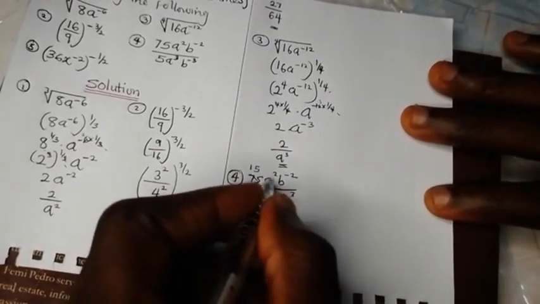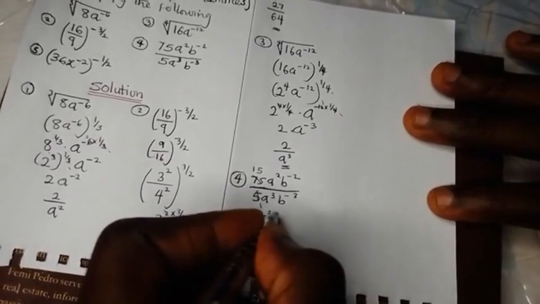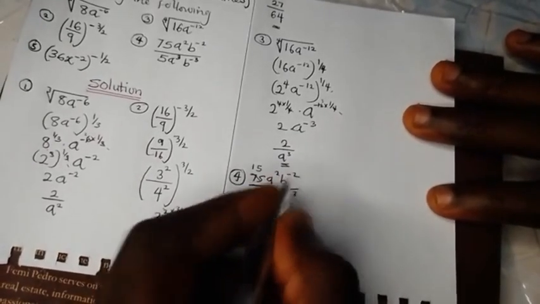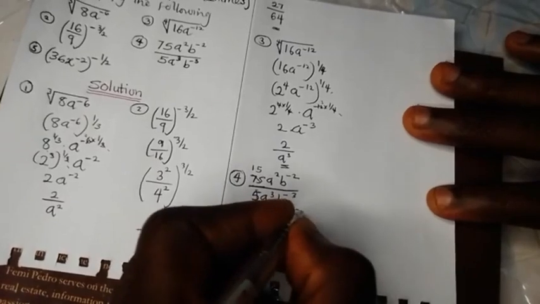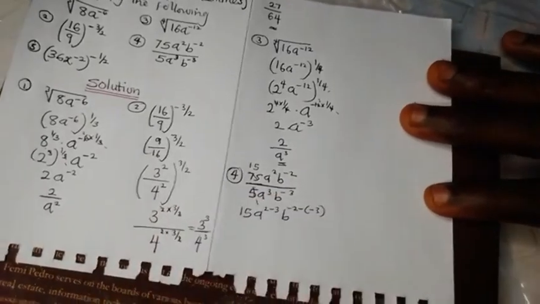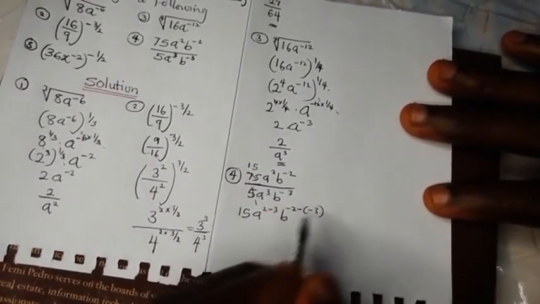Now observe that a raised to the power 2 divided by a raised to the power 3 is a raised to the power 2 minus 3. Then b raised to the power minus 2 divided by b raised to the power minus 3 gives us b raised to the power minus 2 minus of minus 3. Because it is division, it has to be minus of minus 3.